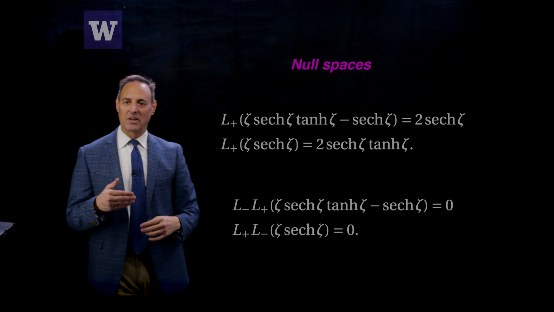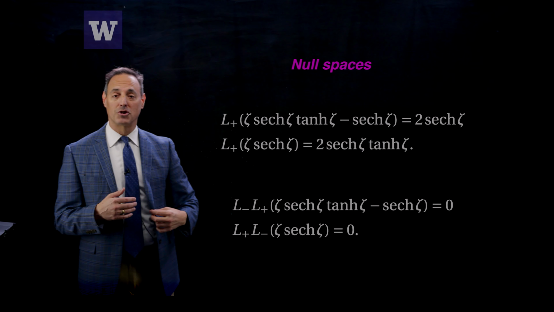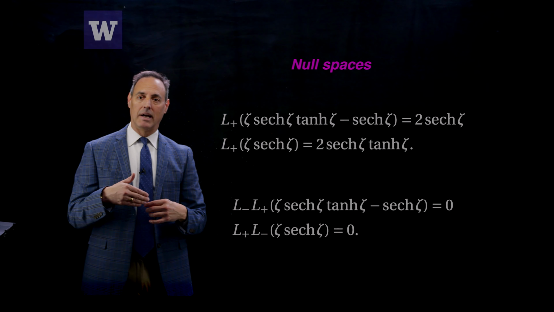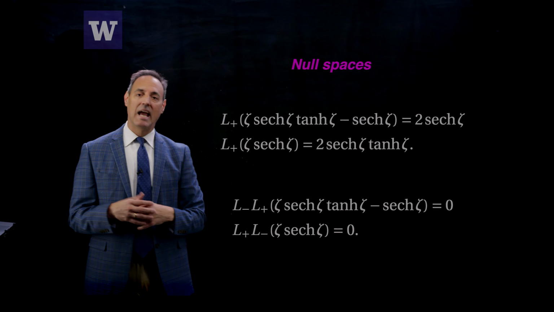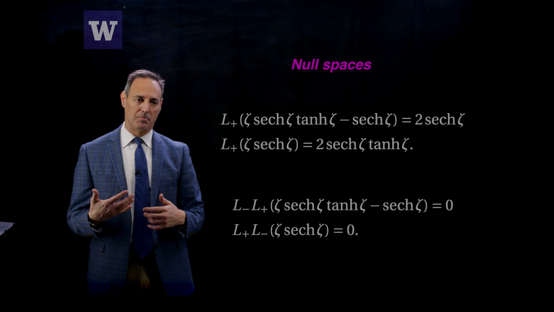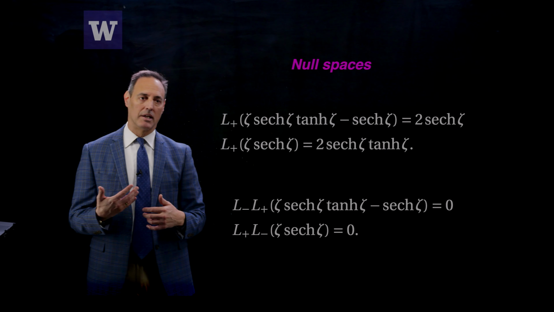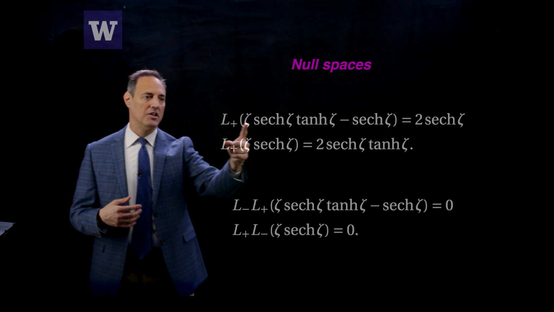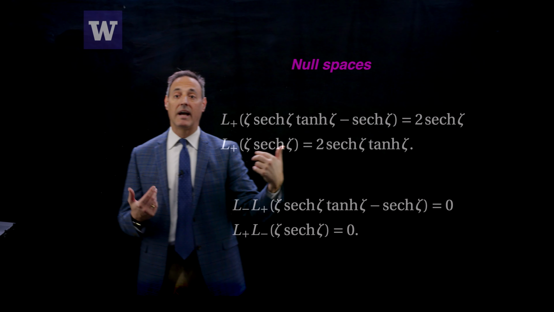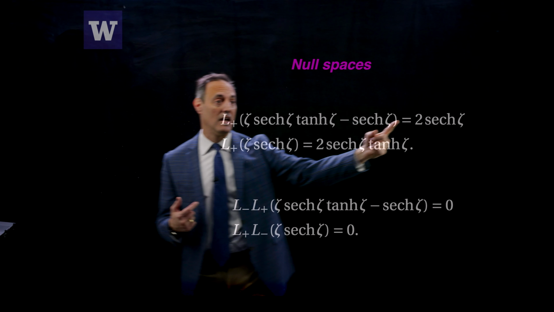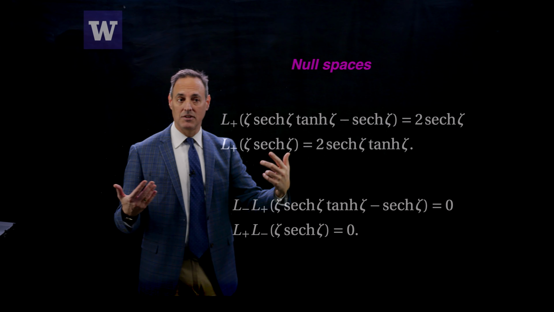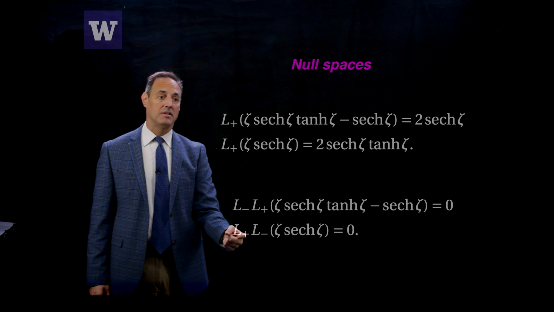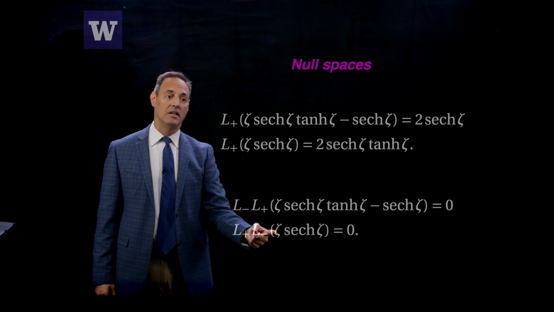There's also something else interesting I'm going to show you because it's going to show up everywhere we go. You're going to get L plus acting on L minus and L minus acting on L plus, and they both have null spaces. In fact, this is what's called the generalized null space, which is L plus acting on this vector is 2 sech. Then if I act L minus on this, L minus acting on sech is a null space. So you have L minus L plus of this is 0, and L plus L minus of C sech C is 0.